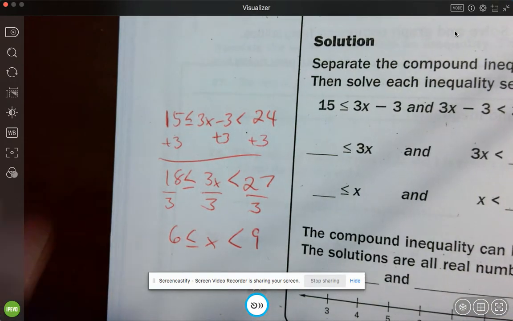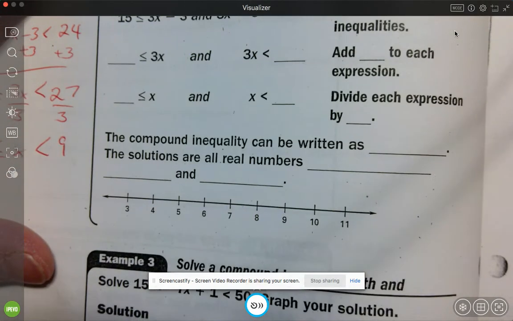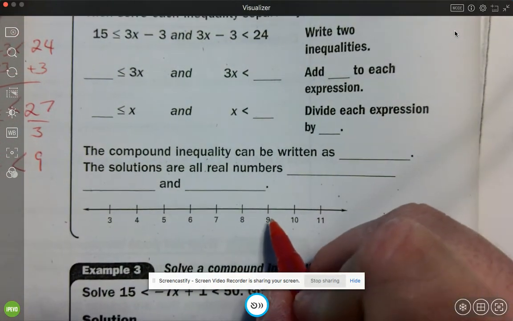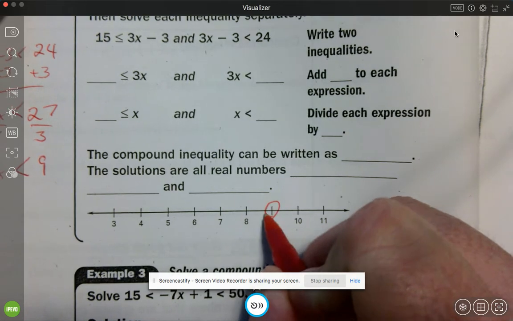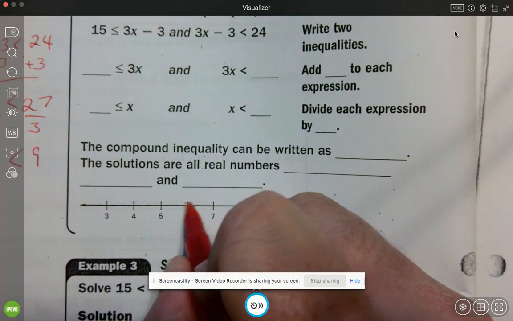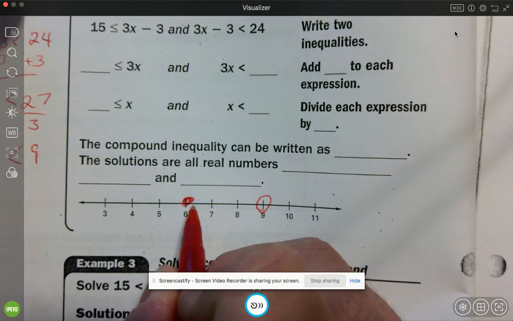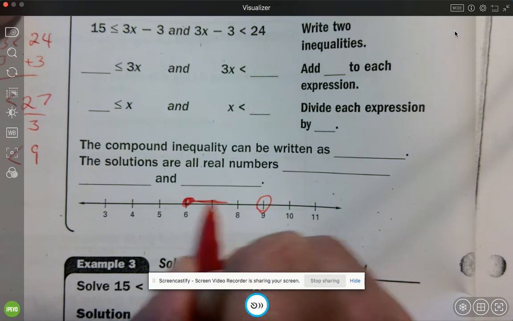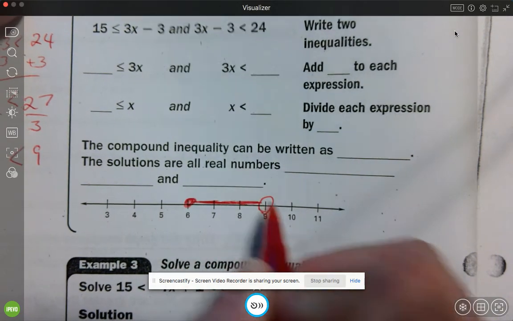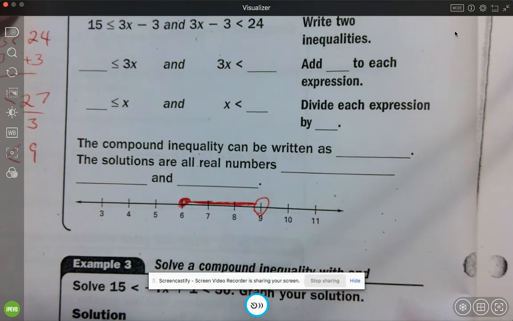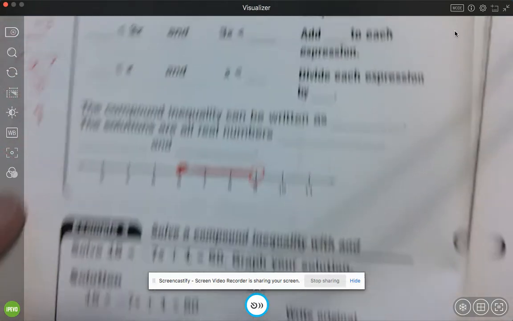When we craft that solution, we put an open dot at 9 and a closed dot at 6. It's a barbell, and check that out, it does work. It's less than 9 but greater than or equal to 6, so that one works. A few more examples.